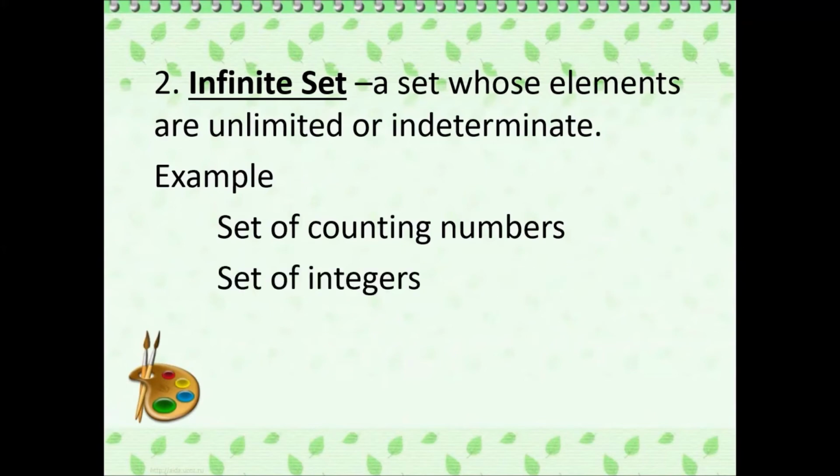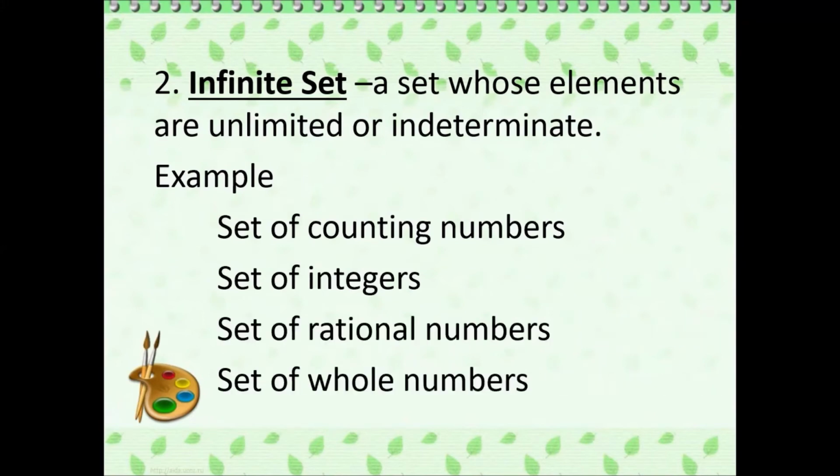The set of integers, the set of rational numbers, and the set of whole numbers are examples of infinite sets. So I hope it is clear to each and everyone how to describe a set by the rule method and by the roster method, and the kinds of sets: finite, counted or limited, and infinite, unlimited.